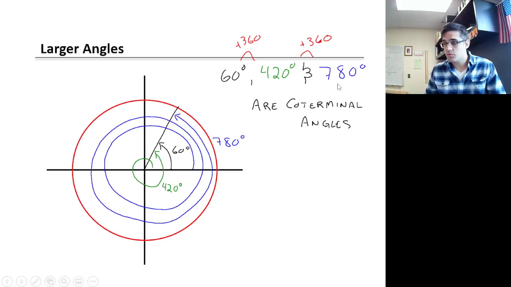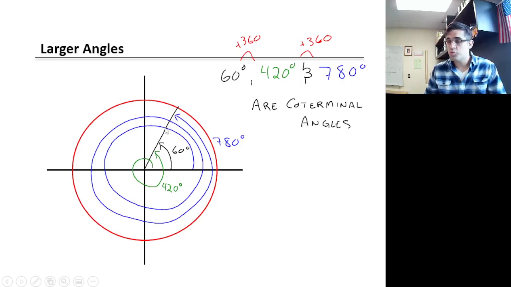Also, 780 degrees would be one full rotation, 360, plus another full rotation, 720, and then 780 would be 60 more than 720. So we'll go the 2 full rotations, and then another 60 degrees. So 780 ends at the same spot that 420 ends at, which also ends at the same spot that 60 degrees ends at.